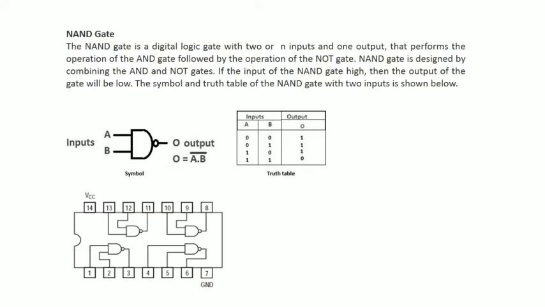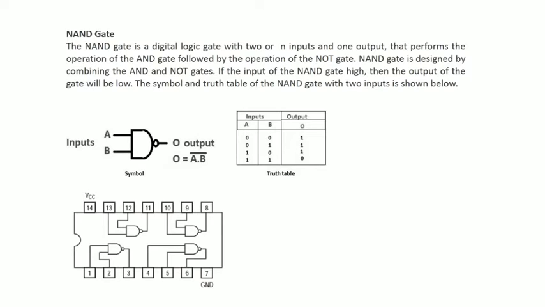Let us consider A and B both 0, 0. Their multiplication is 0. But for the NAND gate, we have to take the complement. So the output will be the complement of 0, which is 1. So we write the truth table that way. And if both the inputs are 1, 1, then their multiplication is 1, but because of the complement, the output will be 0.